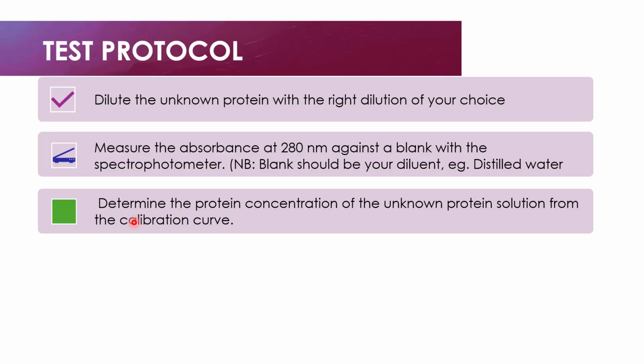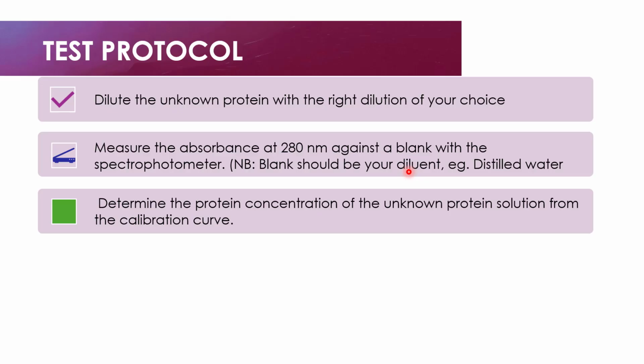So, the test method. The first step is to dilute your test sample with the right dilution of your choice. You can do 1 in 5, 1 in 10, or 1 in 100 dilution depending on your choice. The second step is to measure the absorbance at 280 nanometers against a blank with the spectrophotometer, and normally the blank should be your diluent, for example, distilled water.